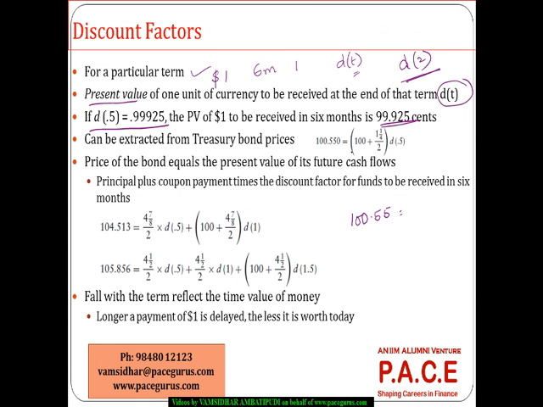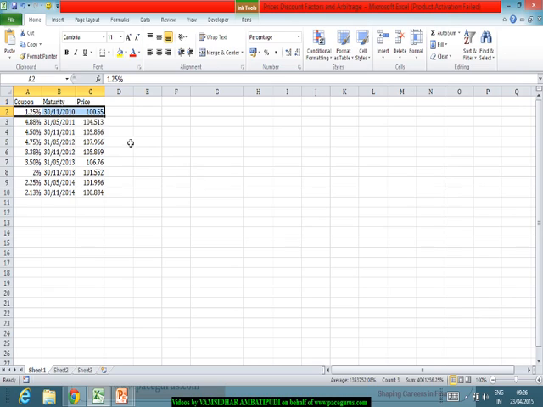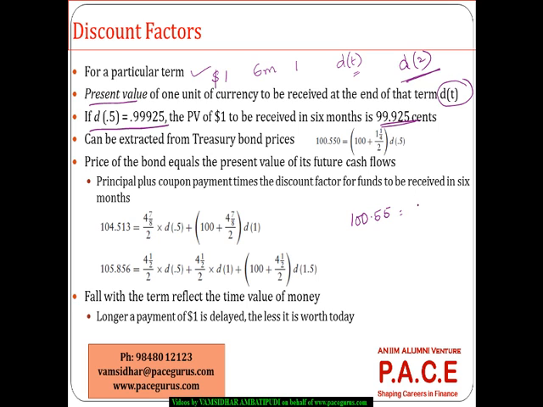Today is the May ending. So after 6 months, I am going to receive 1.25% coupon divided by 2, which is the coupon on a face value of 100. So this is the amount that is coming in the form of coupon.